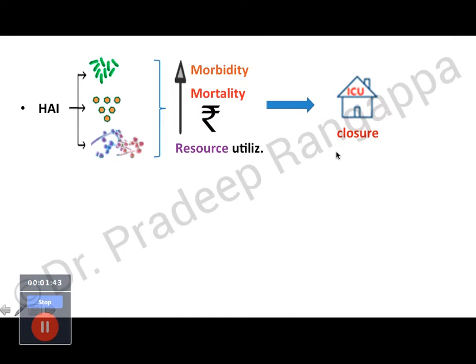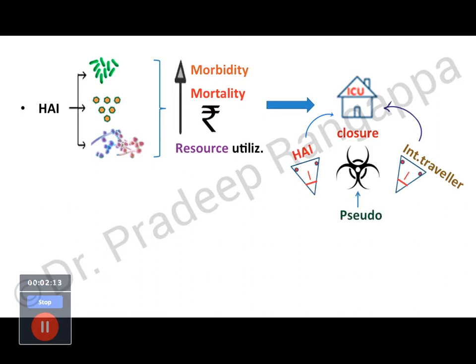Outbreaks can happen within the ICU, or from the admission of a patient from another hospital where an outbreak may have happened, or a patient transferred from another unit because of an outbreak. Outbreaks can also happen because of international travelers who carry diseases from one region to another and get admitted to ICU. These outbreaks can be within the hospital or outside the hospital. And there are also pseudo outbreaks that one should be able to recognize and identify.